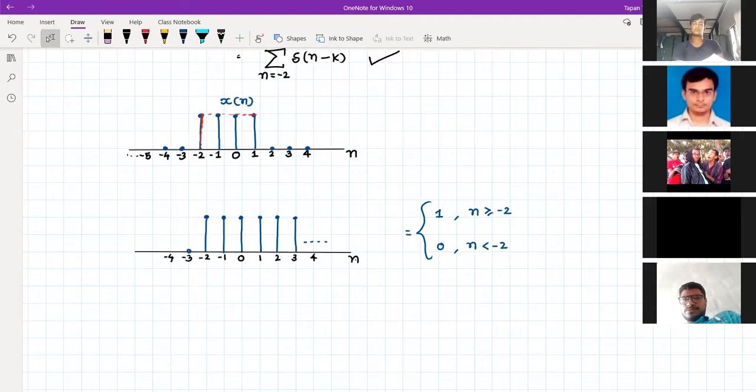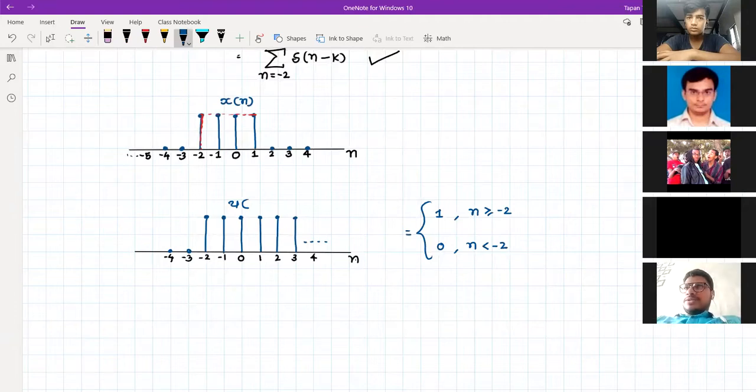How do I define this function? Samir, you answer me.